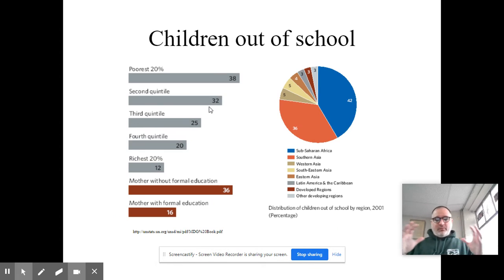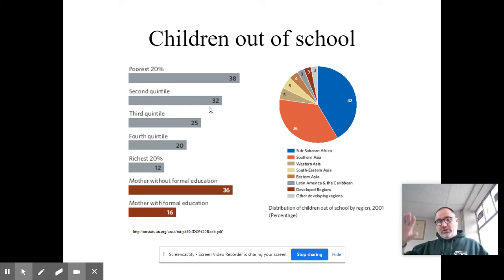Here's some charts to talk about kids out of school and where those kids are, either economically, as the chart on the left will say, or regionally, as the chart on the right will say. So if you are to imagine for a second that you could divide the global income, like where people rank in income, into fifths, that's generally how we do talk about this in economics.